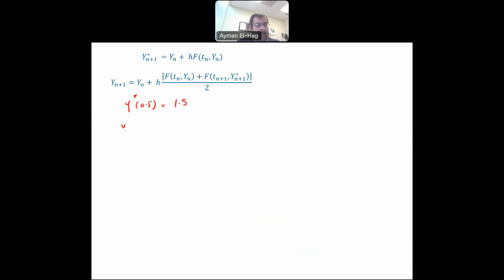Then y itself at 0.5 would equal y at 0 plus h, which is 0.5, times the function at 0 and 1 plus the function at the current point, which is 0.5 and y star, which is 1.5, all divided by 2.